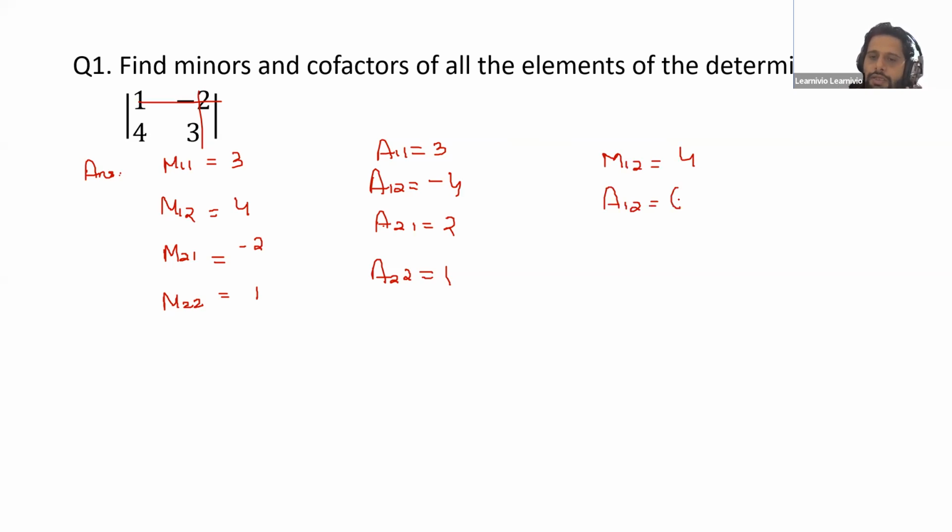As per our formula, it is equal to -1 to the power of the sum of these two numbers, 1 plus 2, into M12. So we get minus M12. M12 is 4, so we get -4. Is this clear, Abdur? Yes, sir. Okay, very good. Then Abdur, this is done. Shall we start next? Abdur, please note down this answer and confirm so that we can start the next question.